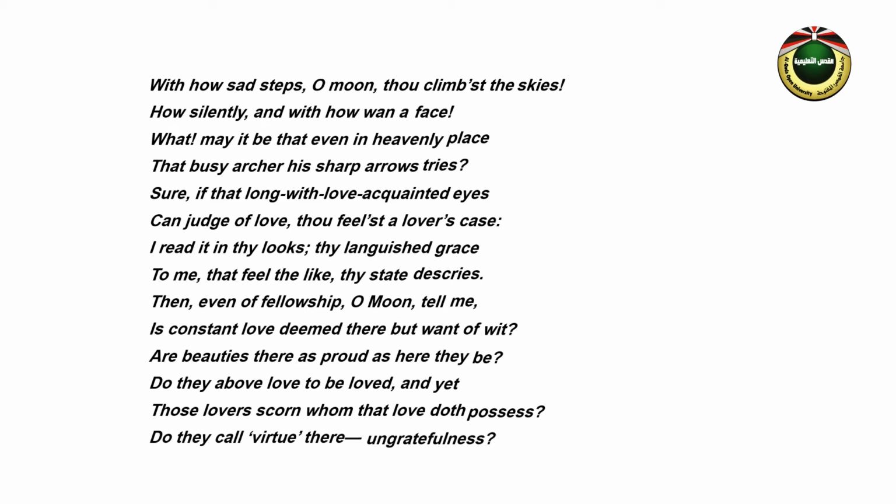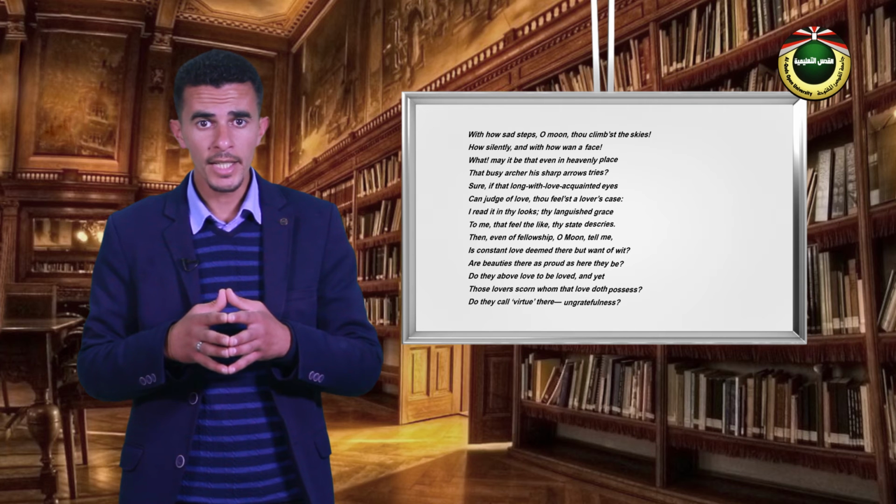I read it in thy looks, thy languished grace. To me that feel the like thy state descries. Then, even of fellowship, O moon, tell me, is constant love deemed there but want of wit? Are beauties there as proud as here they be? Do they above love to be loved, and yet those lovers scorn whom that love doth possess? Do they call virtue there ungratefulness?